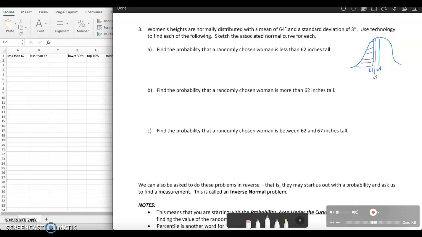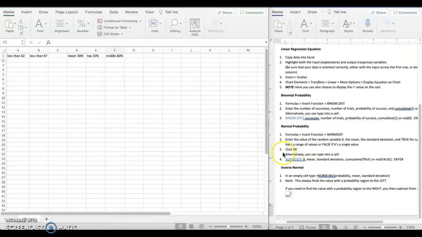So we've got our Excel commands here. To find a normal probability, we want to use the norm.dist function. We're going to put in the value that we're looking for, the mean, the standard deviation, and again, whether it is true or false for cumulative.